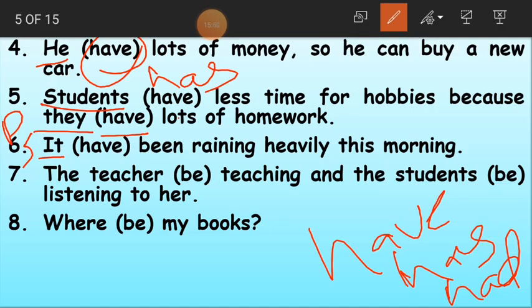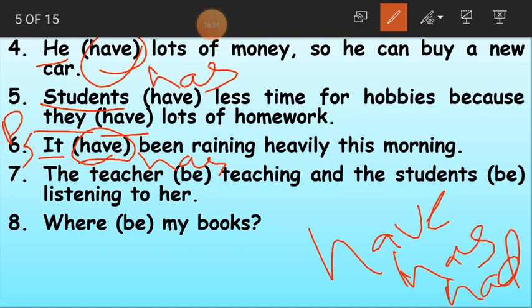Subject is in singular form. Have is in plural form. And now this have has to be changed in singular form. Okay. And what happens when have comes for singular form? It becomes as has. It has been raining heavily this morning.